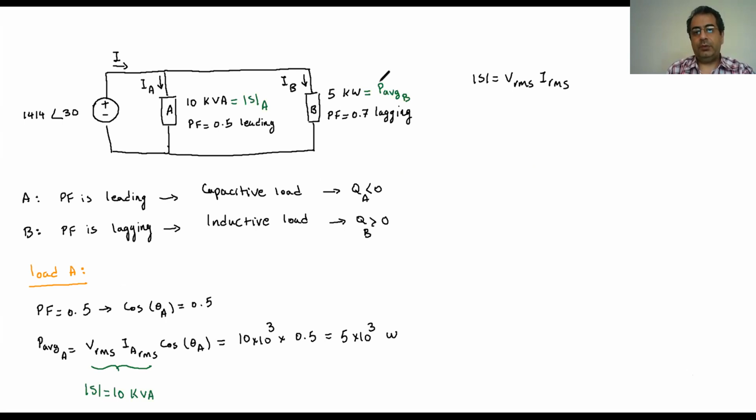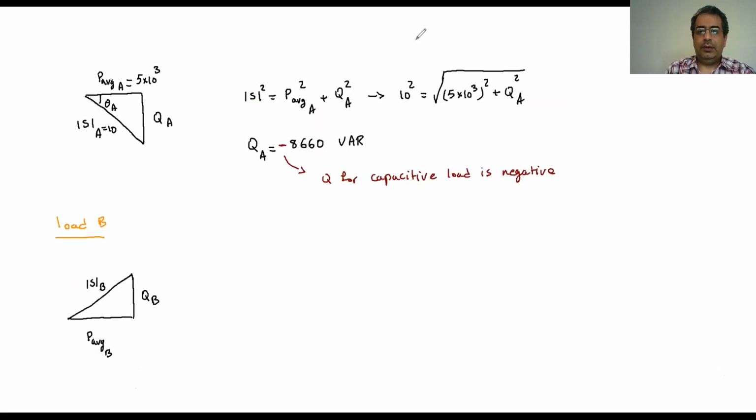Here, because it's watt, we know that is the average power in that case. So I know that the average power here is going to be 5 times 10 to the 3 watt here, and then this one is the theta B that we have, and we can start to calculate that.